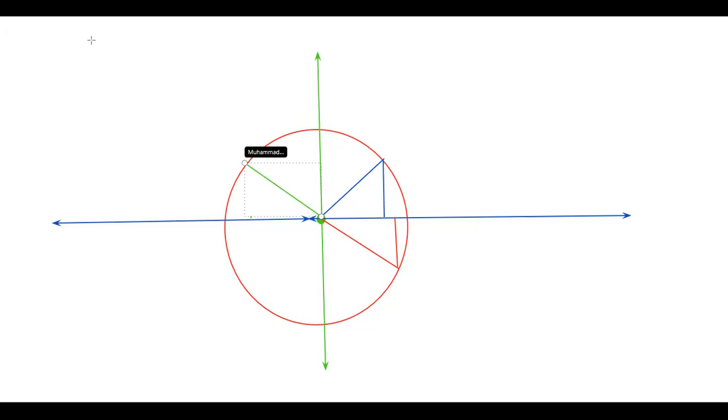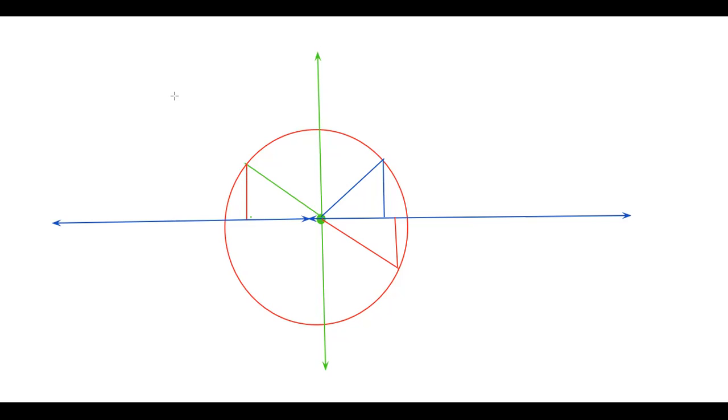After trying this, you will get the answer to each and everything. That's why I'm taking this much time to draw these, but this is the clearest way to get the six ratios of each and every angle.